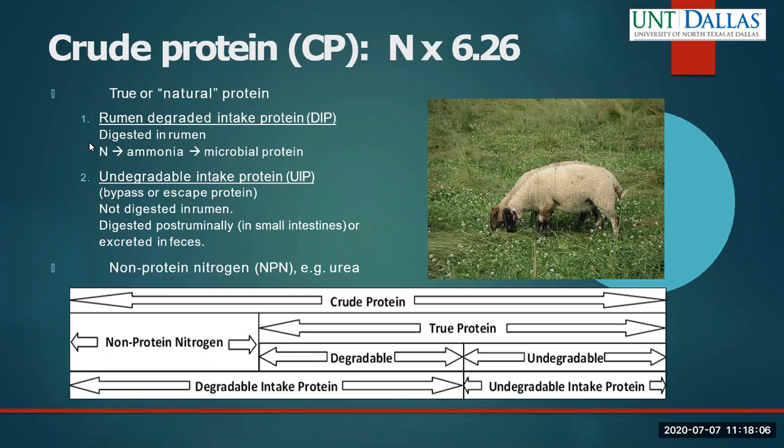We have the undegradable intake protein, that's the UIP, or we can say bypass or escape protein. That's not digested in the rumen. That is digested in the small intestine, or we can say post-ruminally, or excreted in the feces. We have one more, that's the non-protein nitrogen. For example, we have urea.